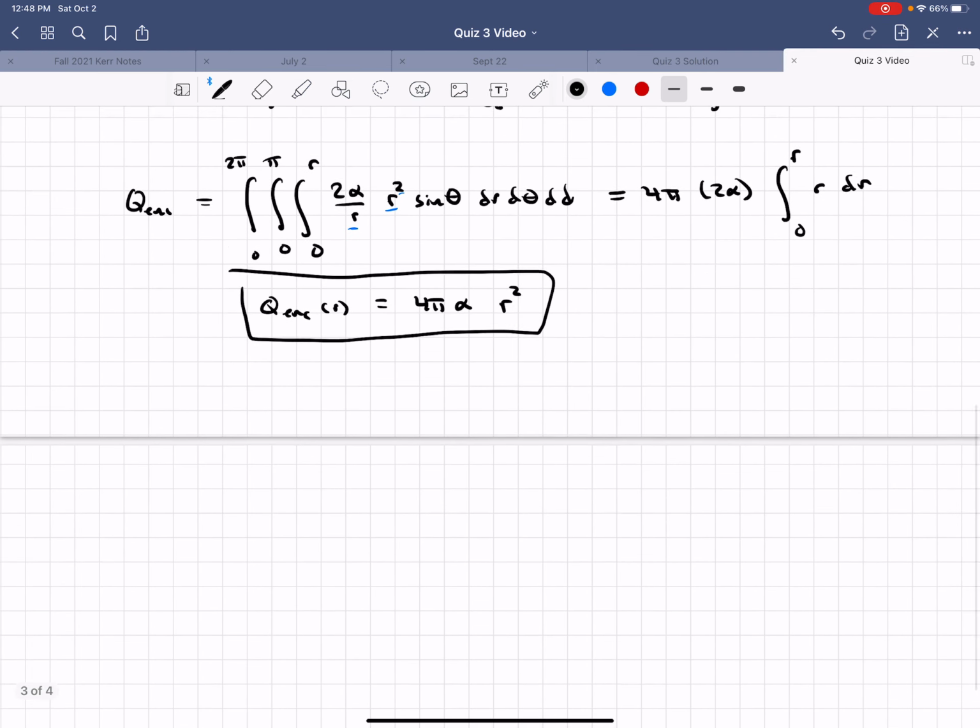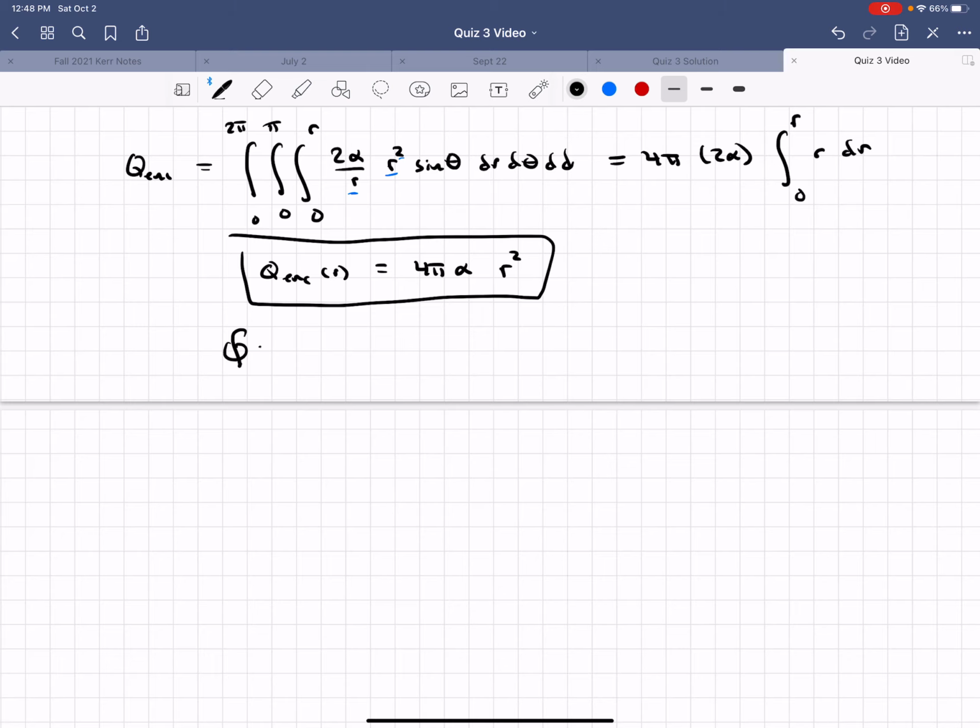If I go back to Gauss's law, the integral of E dot dA is Q enclosed over epsilon naught. On the left-hand side, I'll say the magic words: there's spherical symmetry, and the electric field is constant along the surface of the sphere.